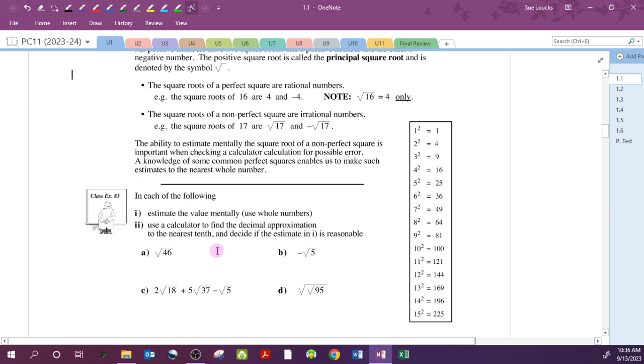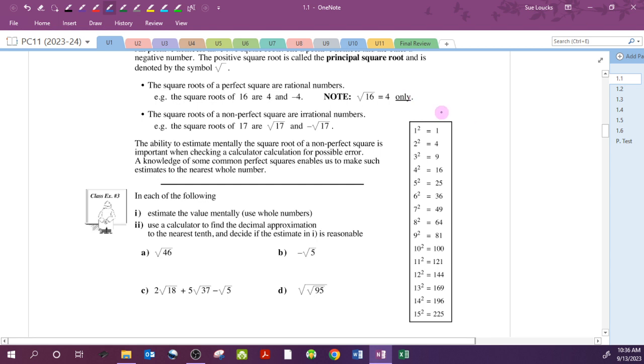So for these examples here, we're going to estimate mentally to the nearest whole number. So the square root of 46. Sorry, I've just had to hook this new pen up.